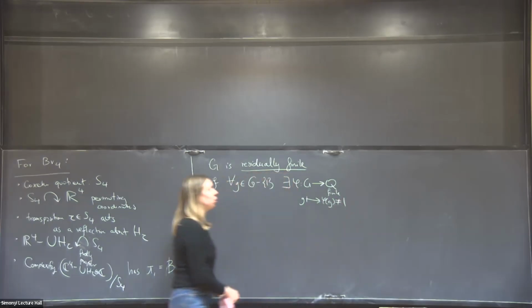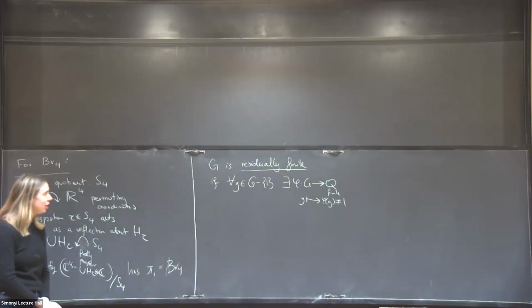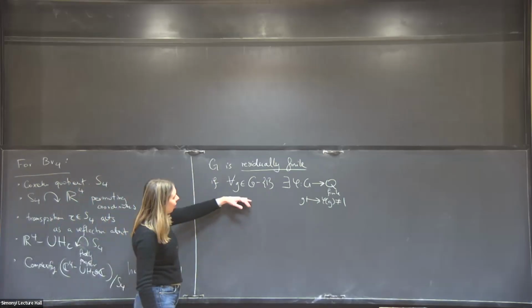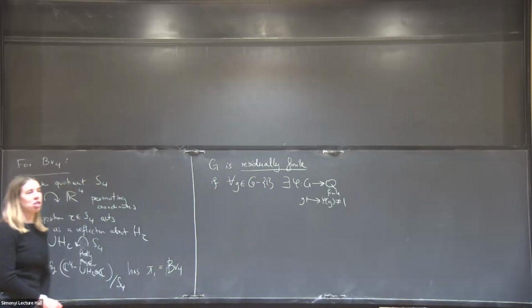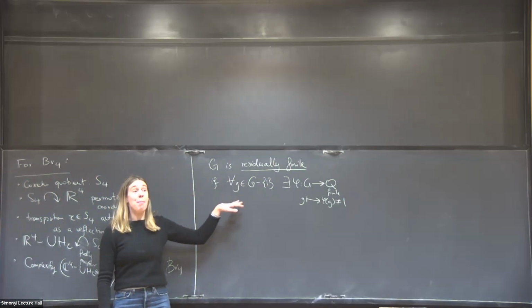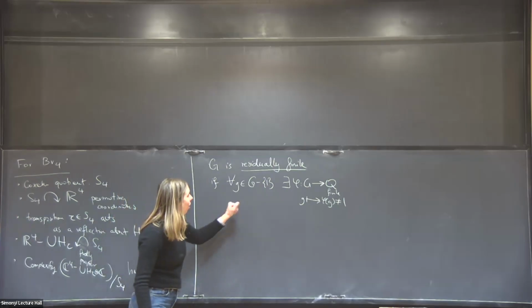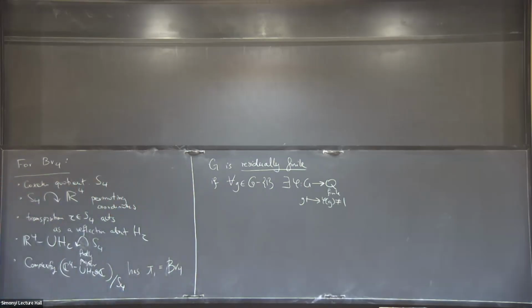So it's mapped to a non-identity element in the finite quotient. Maybe a nicer way of stating this definition is, equivalently, that the group embeds in a product of finite groups. There are a lot of different ways of rephrasing this other than those two.